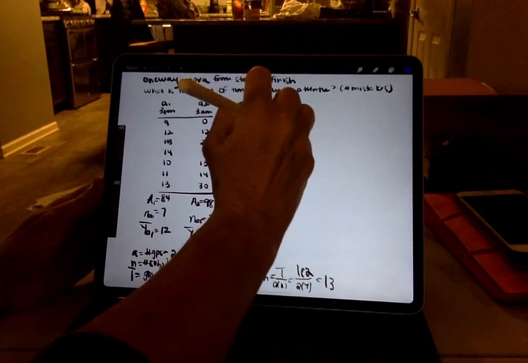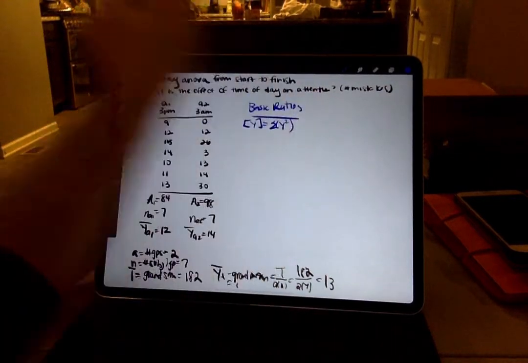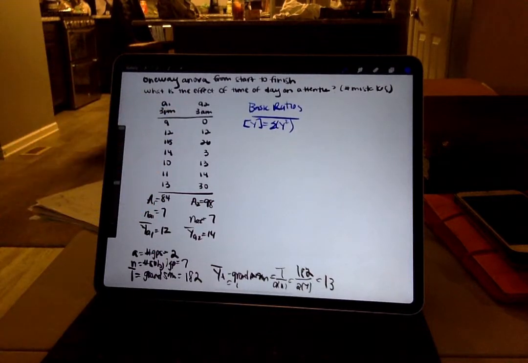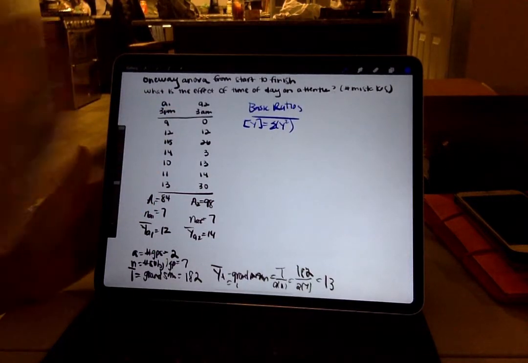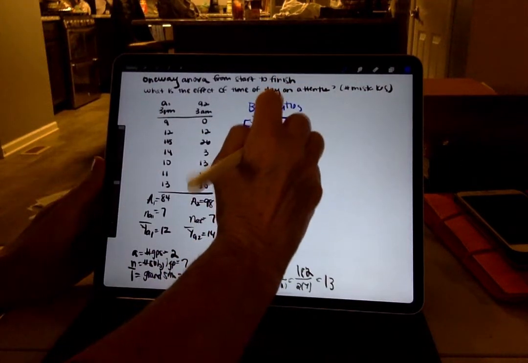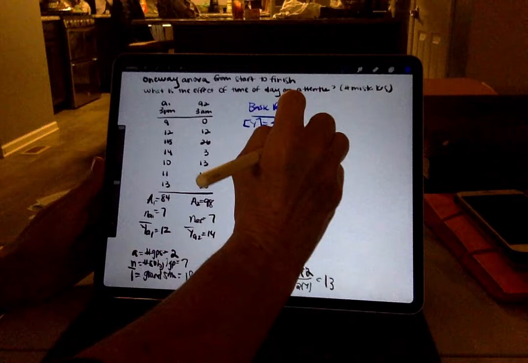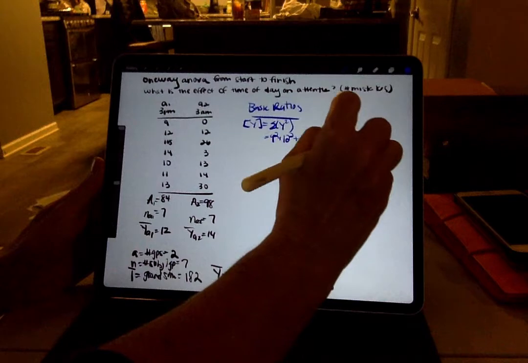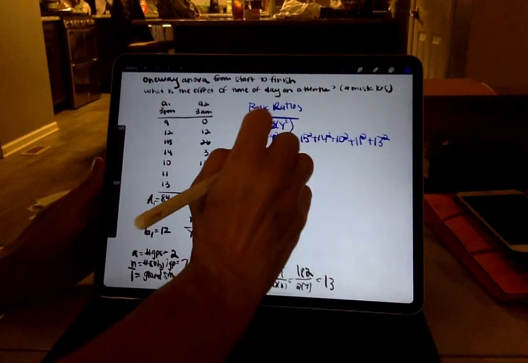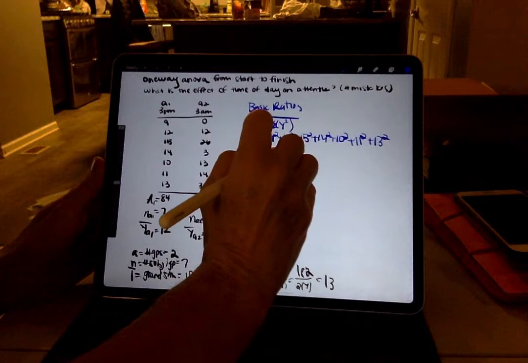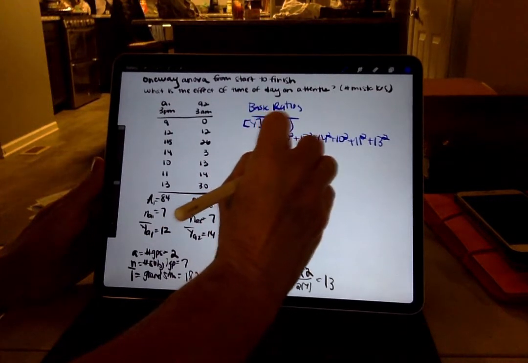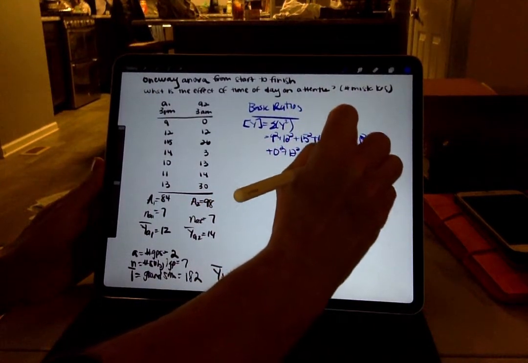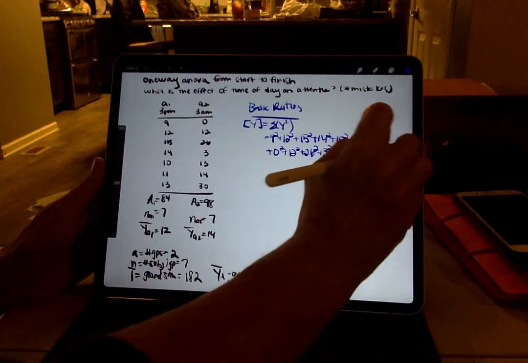The first basic ratio is the basic ratio for y, which is basically the sum of the y squareds. So we're going to take each one of these 14 y's, square them, and add them up. All right, so we have 9 squared plus 12 squared plus 15 squared plus 14 squared plus 10 squared plus 11 squared plus 13 squared, and then we go right on to the second column, plus 0 squared, 12 squared, 26 squared, 3 squared, 13 squared, 14 squared, and 30 squared.